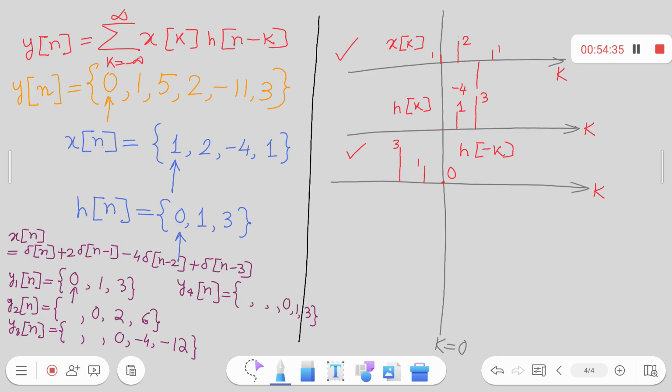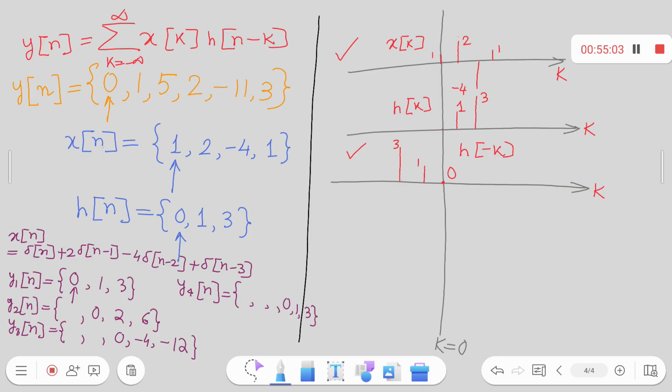Now what you need to do, you would like to find out what? Suppose you would like to find out the values for y of minus 1, y of minus 2, y of minus 3, and minus 4. That means what? Meaning what? Y of minus 1.